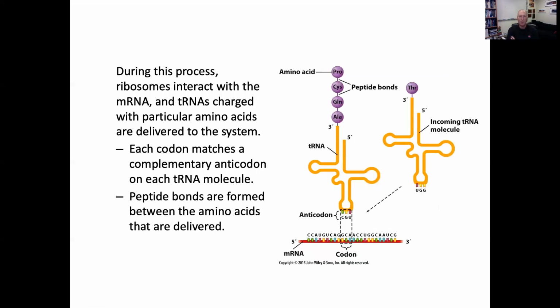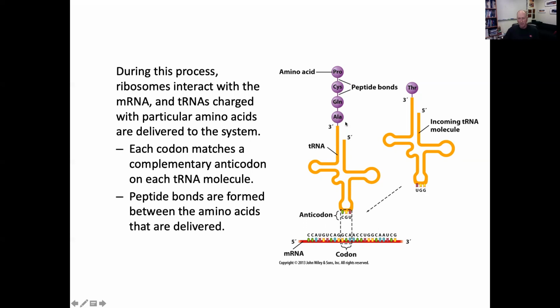During the process of translation, the ribosomes interact with the messenger RNA. So if we have this diagram here, this is the messenger RNA down here, these are the tRNAs down here. Essentially all around this, the context in which this is all going to happen is going to be on the ribosome, right? So the tRNAs are going to bring the new amino acids in to form peptide bonds with the growing chain.